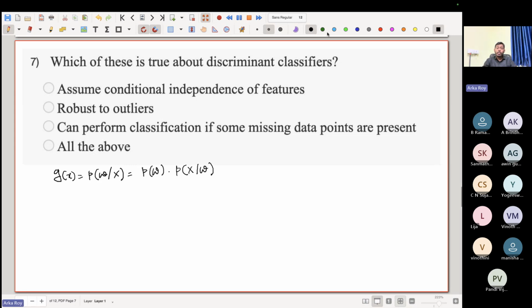Now, we considered that P of x given omega comes from a distribution, and we chose this distribution to be a Gaussian distribution.